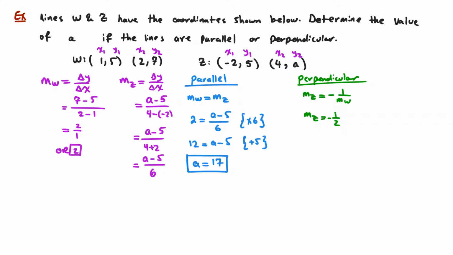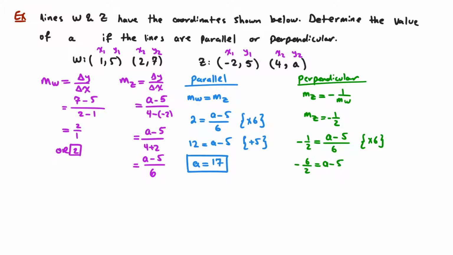Once I have this, I know that the slope needs to be negative 1 over 2, and I also know that negative 1 over 2 should equal (A - 5) divided by 6. And now I have to solve for A. I do that by multiplying both sides by 6, and I get negative 6 over 2 is equal to A minus 5.